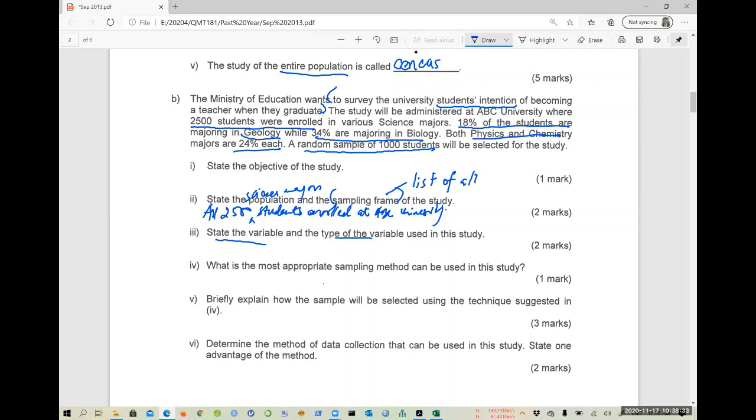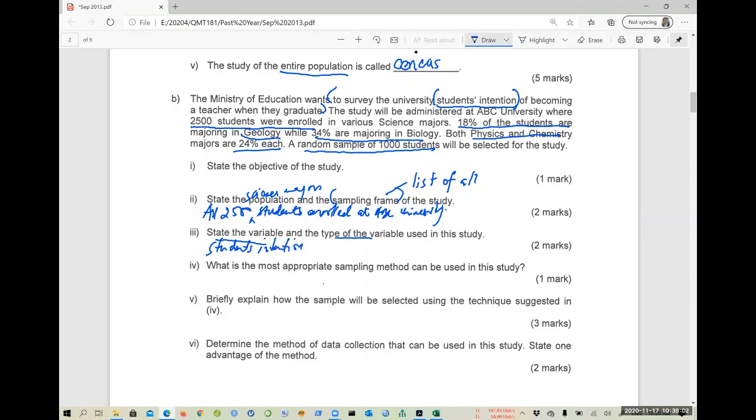In this case, the variable is the information that you want to extract or gather from the respondent. The respondent will be the students, right? So in this case, the variable will be the student's intention.